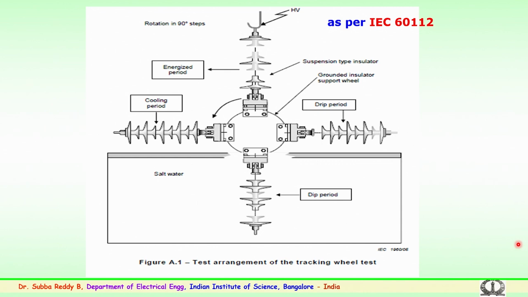So, several thousands of cycles have to be done continuously, with a break as mentioned in the standard after 8 days. After the 8 days there is a break of 1 hour for the change of the contaminant in the tank, which as per the standard is allowed. So, this is a very important experimentation for the aging analysis of the polymer insulator.